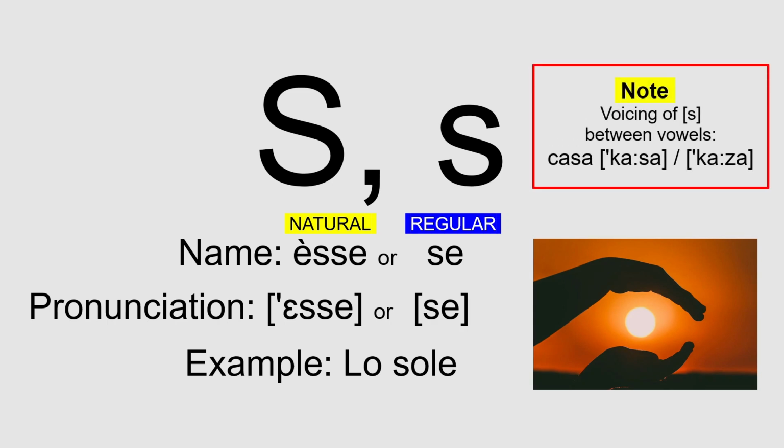Something to note here is that when the letter S is between vowels, it can be pronounced as a voiceless consonant, S, the standard pronunciation, or optionally as a voiced consonant, Z. So for example, the word casa, C-A-S-A, you could pronounce it as casa, like in Spanish, or casa, similar to how they do it in Portuguese, French, and Italian.